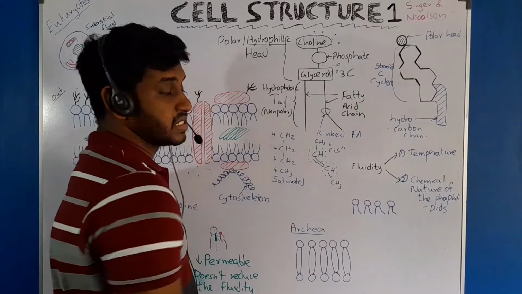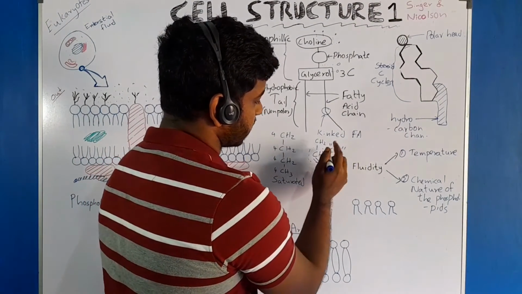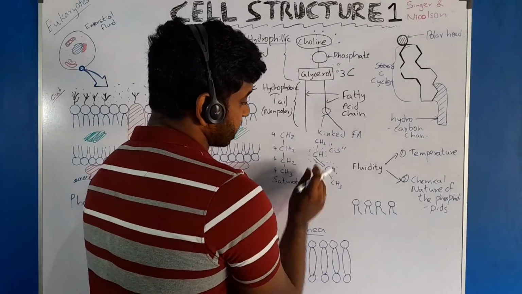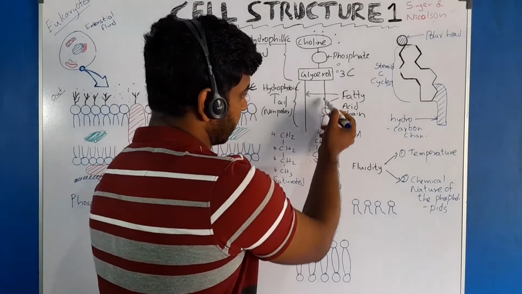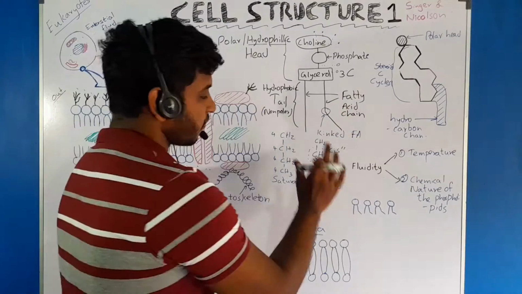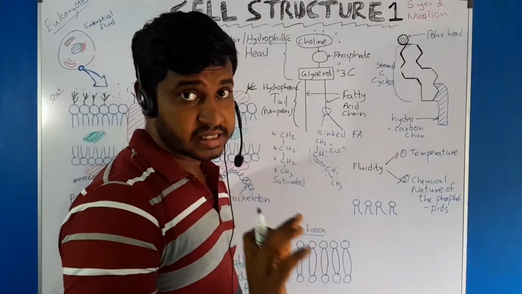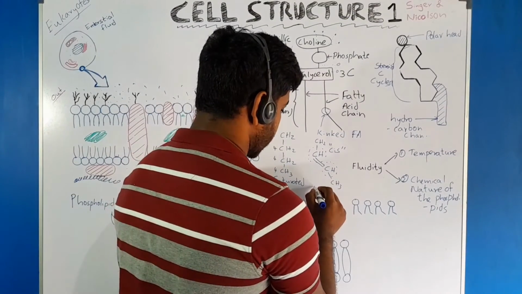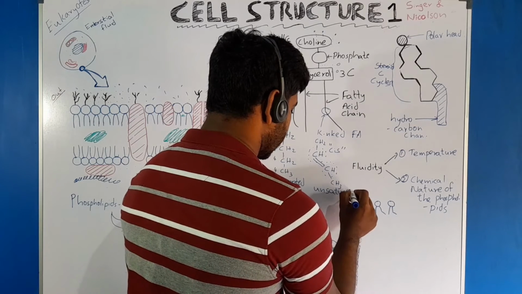We call this bond a cis bond. It is a double bond. Because of this cis bond, there is a bend in the hydrocarbon chain. We call these kinked fatty acids, or fatty acids with double bonds, unsaturated fatty acids.